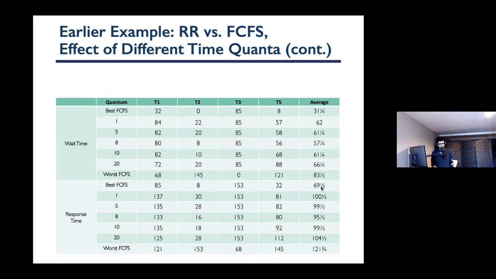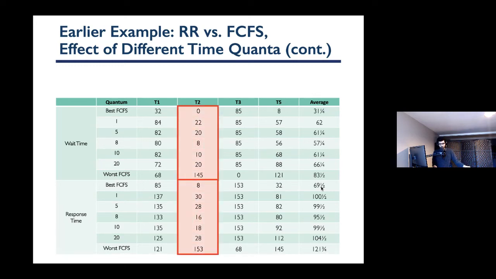Now, once we populate this list, it's actually interesting to look at some of these numbers. In particular, let's focus on T2. T2 was our shortest task, right? If you look at T2, which is our shortest task, you can see that the wait time differs quite a lot for different time quanta, and so does the response time, because they're very much related, right?